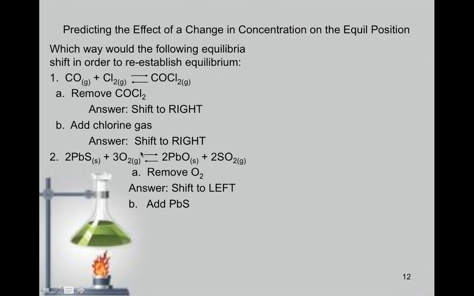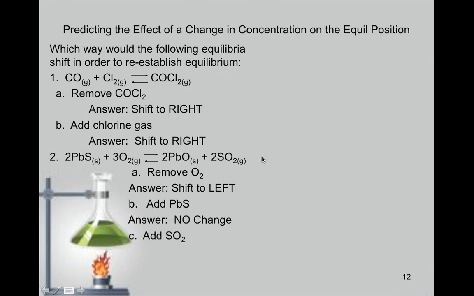If you add PbS, lead(II) sulfide, you probably want to say that it will shift to the right, but hopefully some of you caught that lead(II) sulfide is a solid, so there would be no change to equilibrium.